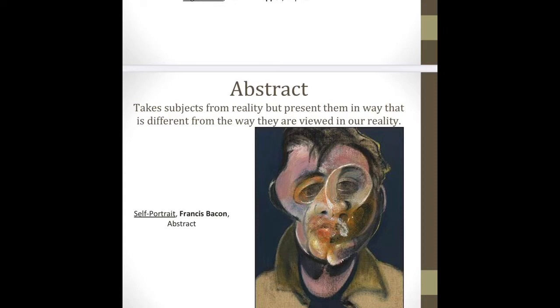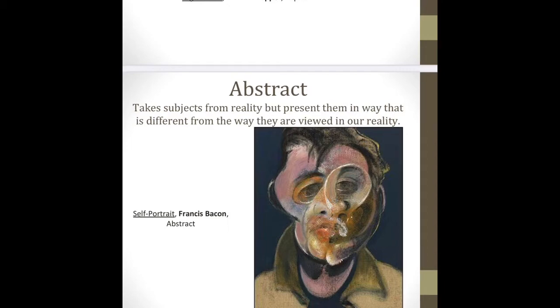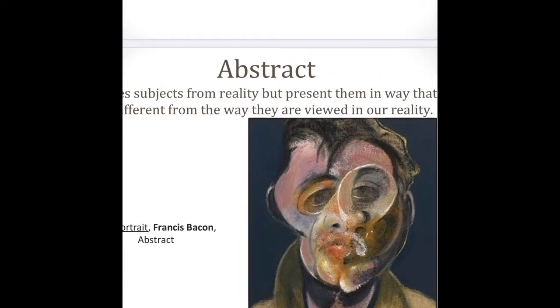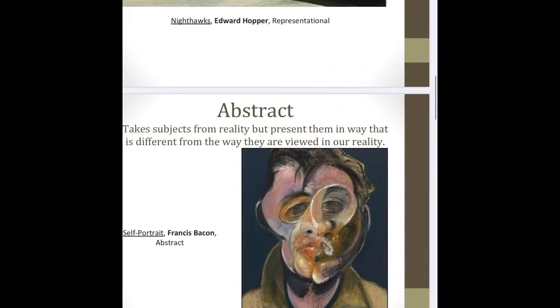So it's taken from reality, but it's presented in a way that is different than how we see it in reality. So you can see this one here, Self-Portrait by Francis Bacon. You can tell that this is a man, but we do not see a man like this in real life.